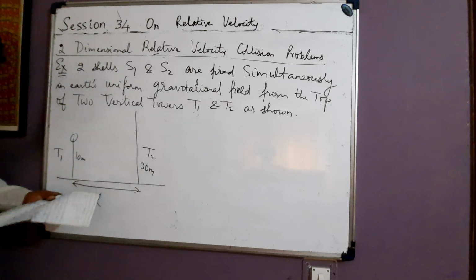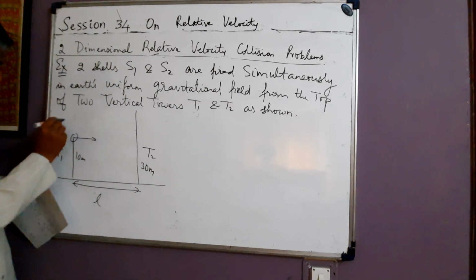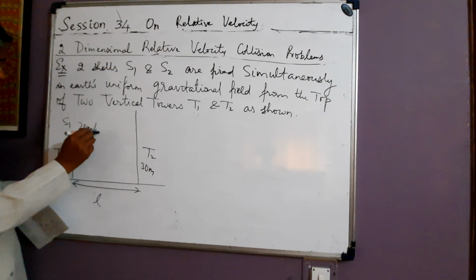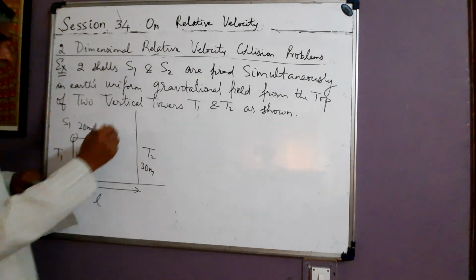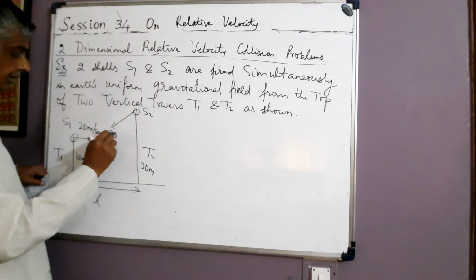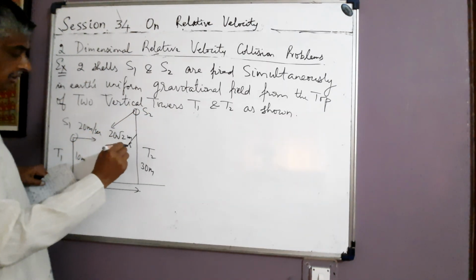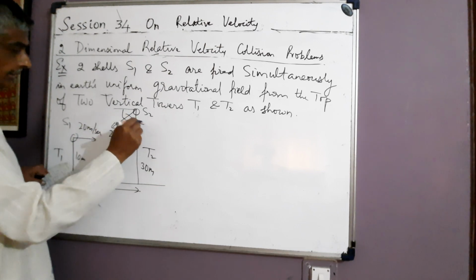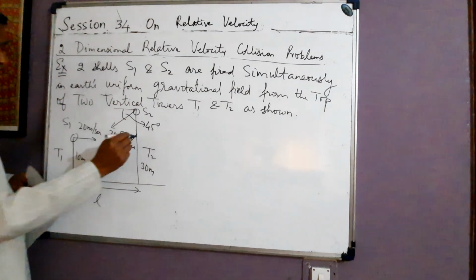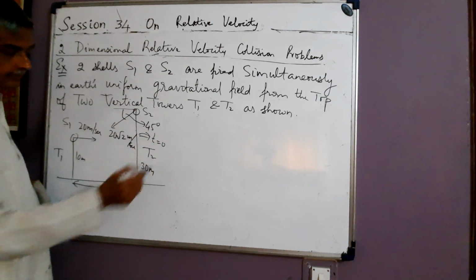A shell S1 is fired from here, rightward, at a speed of 20 meter per second, and shell S2 is fired from here at a speed of 20 root 2 meter per second at an angle of 45 degree. This is the situation at t equals 0, say.